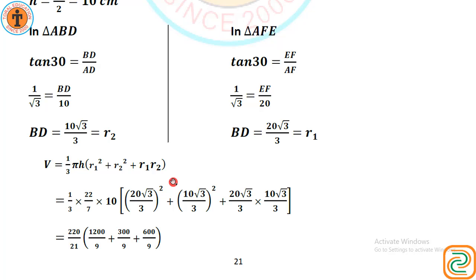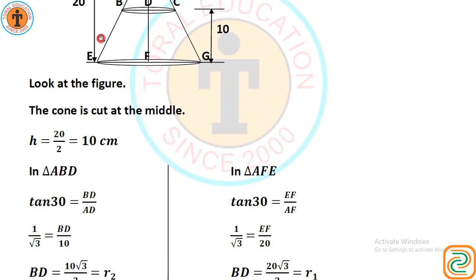Now take the volume. Volume equals 1 by 3 pi h, R1 square plus R2 square plus R1 into R2. This is not a hollow cone. Understand?